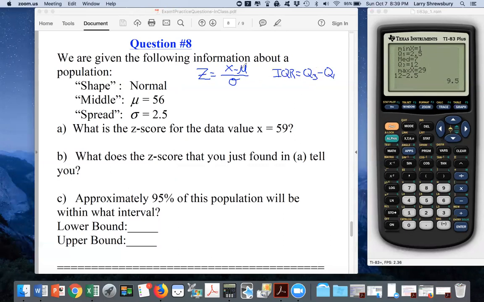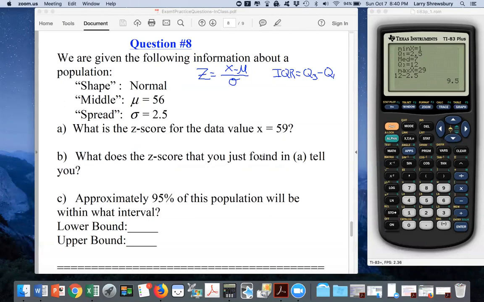So use this equation on this data value to turn this data value into a z-score. And then you're going to interpret that. Now, there's 3 things you need to include in that interpretation. You're going to tell me whether that data value is above or below the mean, how far away it is in terms of standard deviations, and third and finally, whether it is or is not unusual.